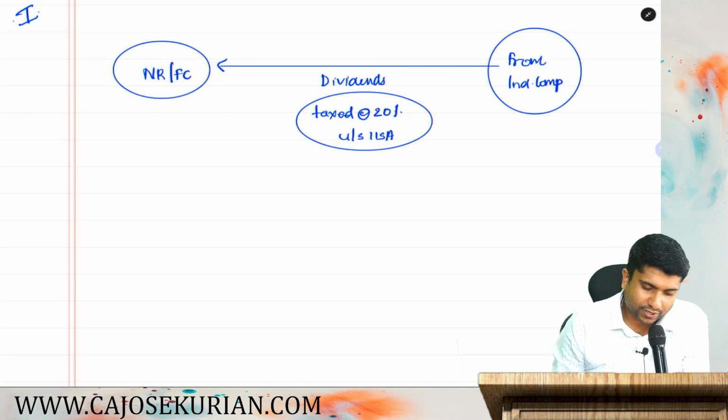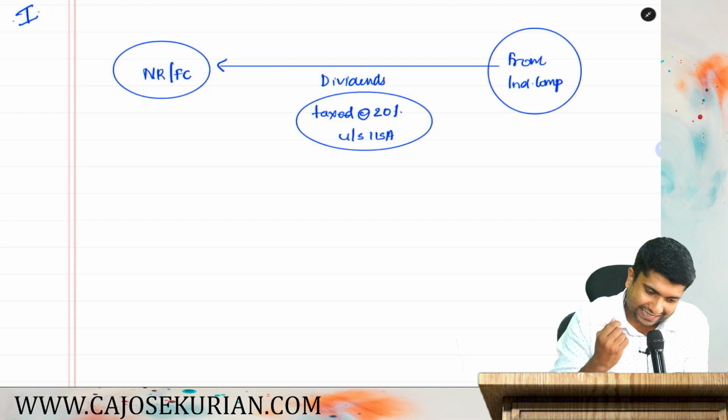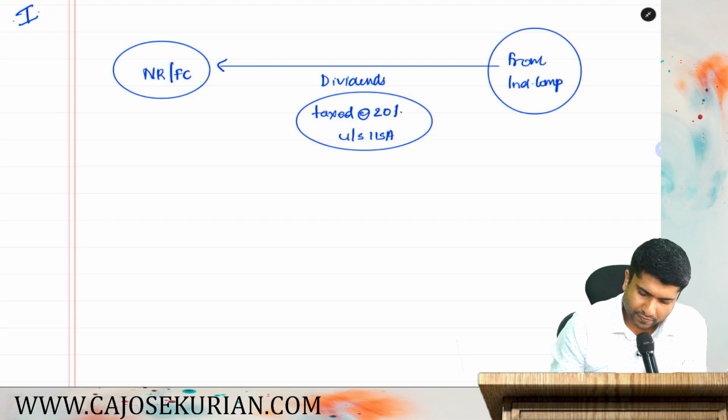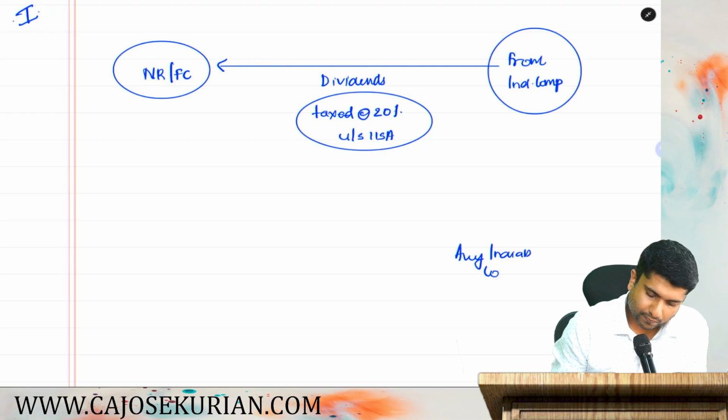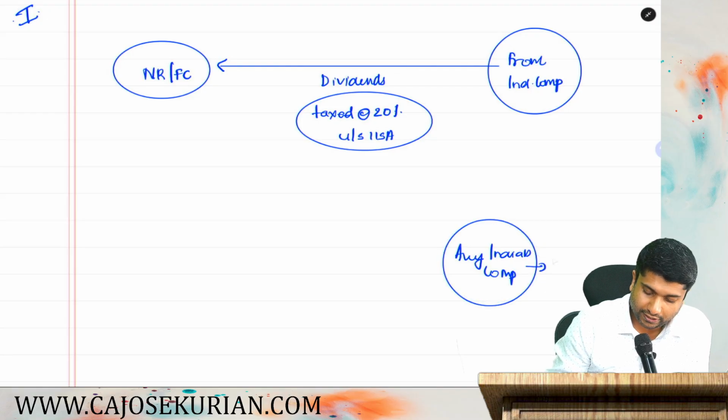Listen, point number 2 is also very simple. If you are receiving dividend from an Indian company which is located in IFSC.